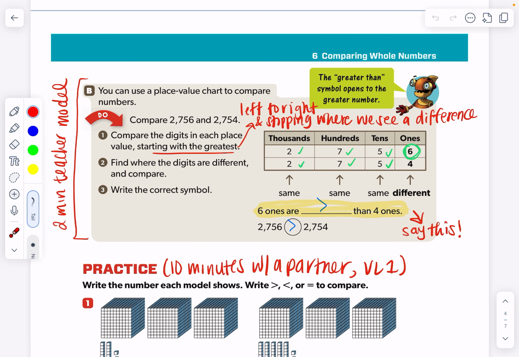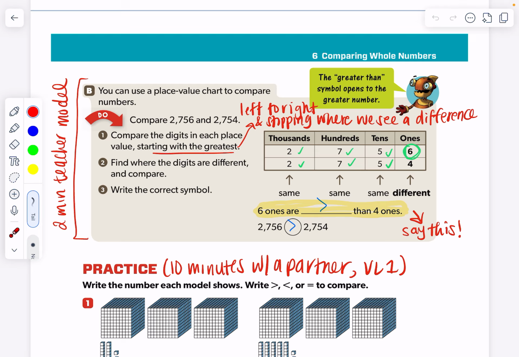Then you will launch into another 2-minute model that is not focused on specific blocks. However, it's focused on utilizing the place value chart. So this is already modeled for you, putting the digits already in the place value chart.